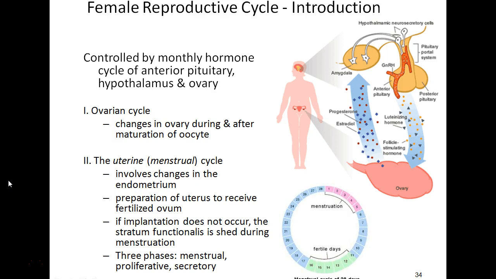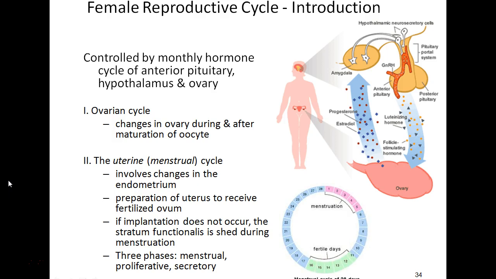So this GnRH is going to stimulate the anterior pituitary gland to secrete follicle-stimulating hormone. That's abbreviated as FSH. And then it's also going to release LH, luteinizing hormone. And FSH and LH are both responsible for initiating the ovarian cycle.